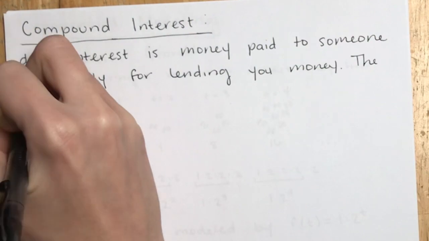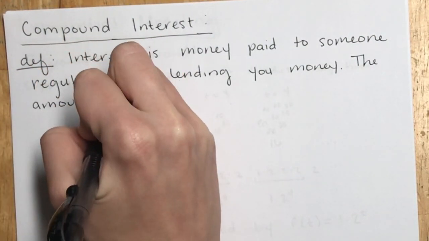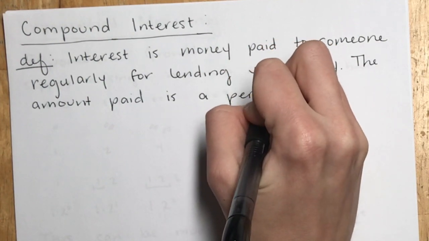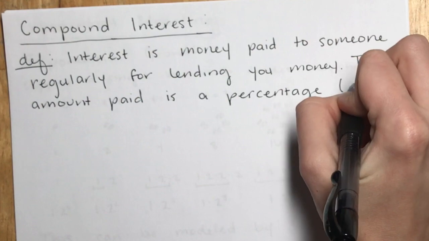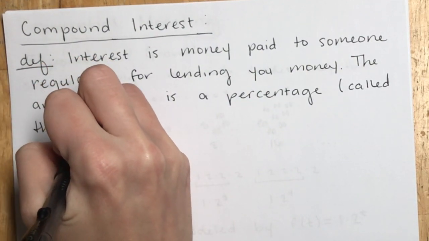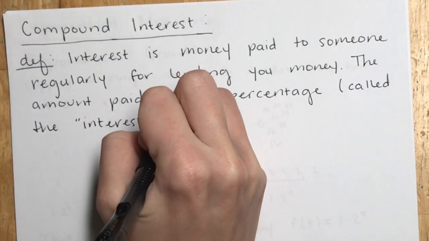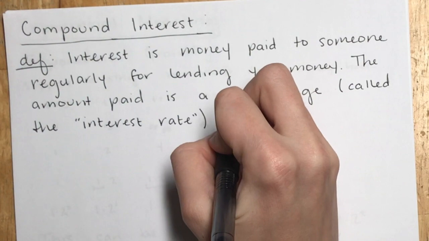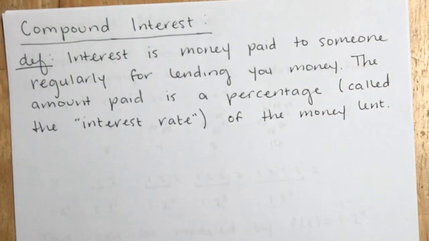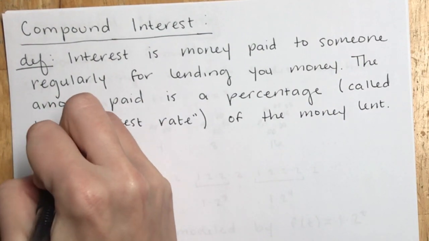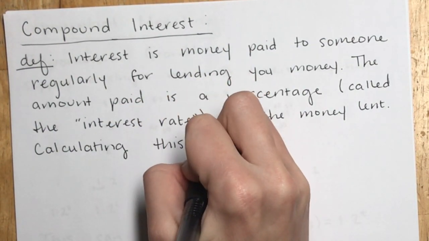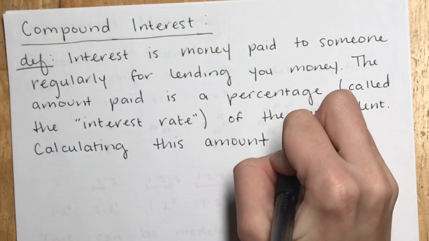The amount paid is a percentage called the interest rate of the money lent. Calculating this amount is called compounding.